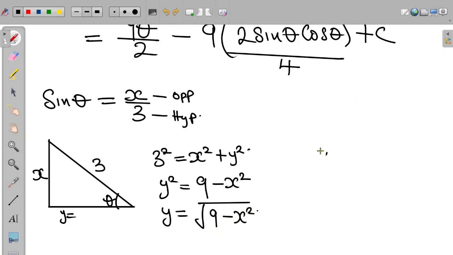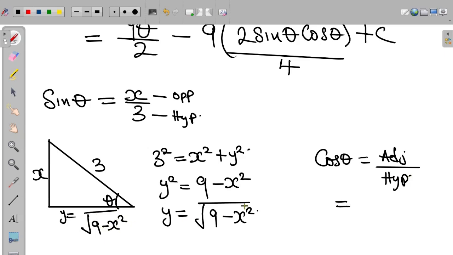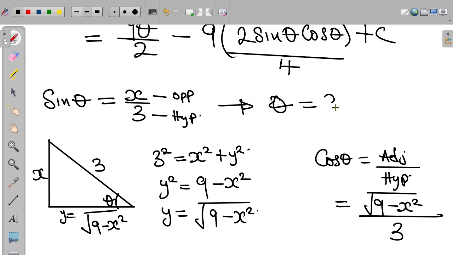So, therefore, at this point, cos theta is equal to adjacent over hypotenuse, and our adjacent is root 9 minus x squared. So this is root 9 minus x squared divided by 3. And also from here, we can establish that theta is equal to sine inverse of x divided by 3.